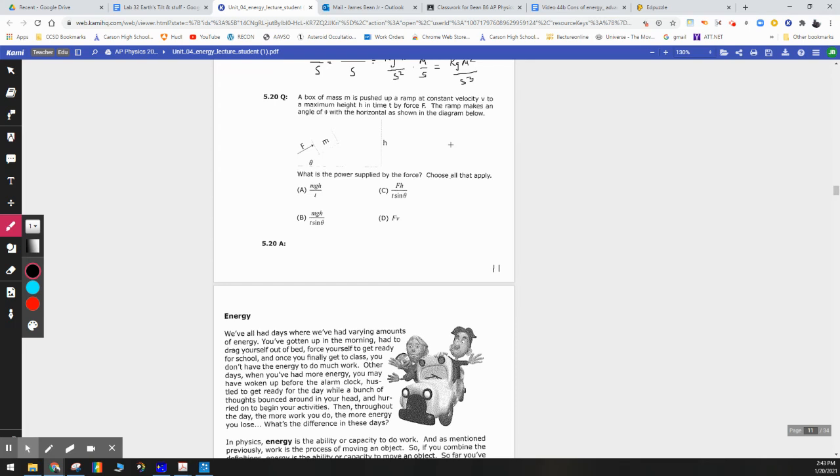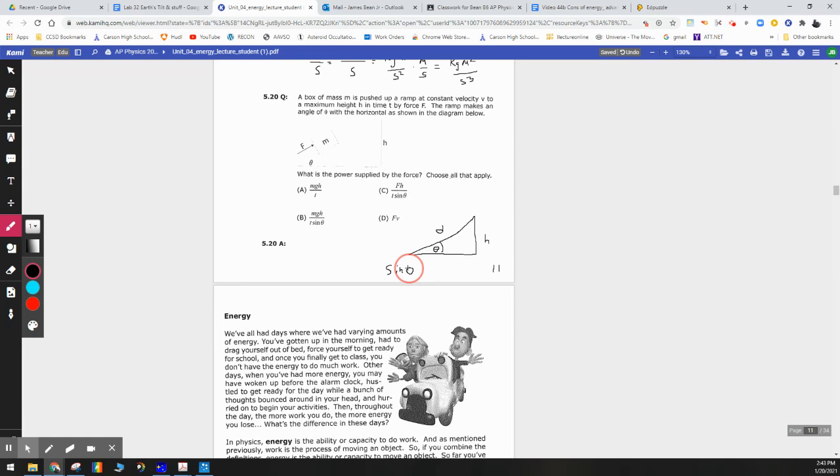A couple of things here, some trig I want to talk about that might help you out. So here's a ramp, and we'll call this h, and this is distance d, for example. And here is theta. Now the sine of theta is important here.